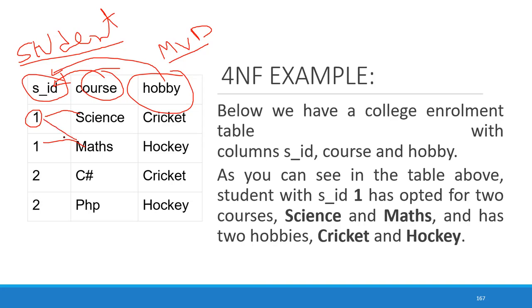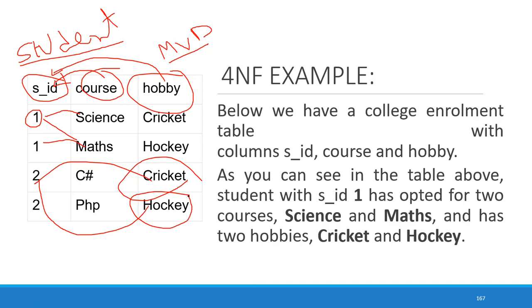So there is more than one dependency: two subjects and one student. Similarly with hobbies, cricket is a hobby of the second roll number, and hockey is also of the second roll number. Different values, multiple values, cricket and hockey. They are games but different games, so independent.